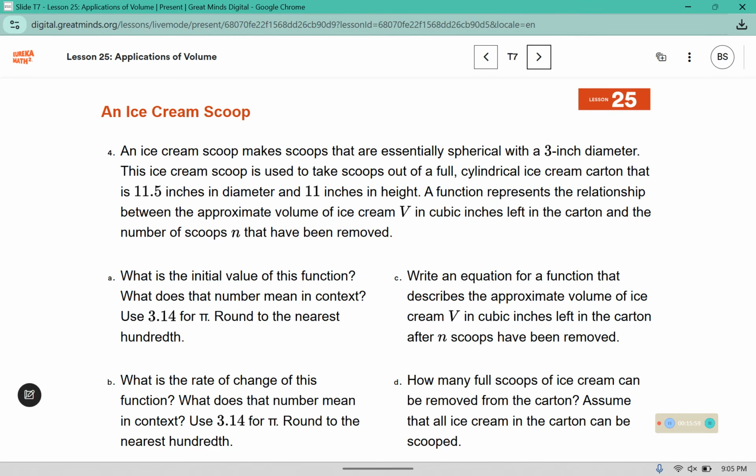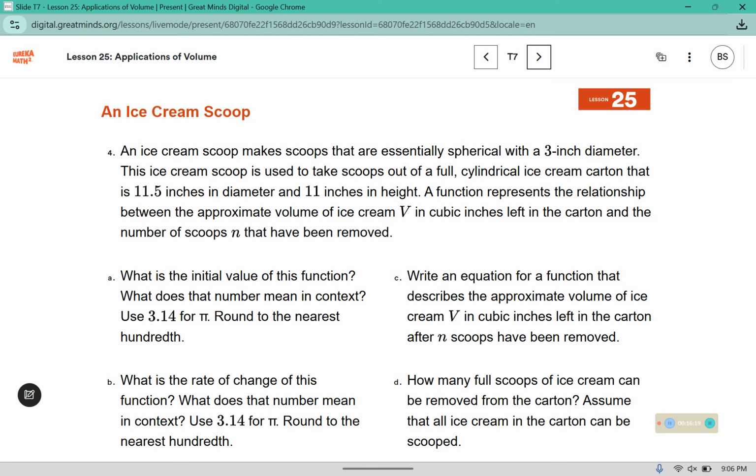4. An ice cream scoop makes scoops that are essentially spherical with a 3-inch diameter. This ice cream scoop is used to take scoops out of a full cylindrical ice cream carton that is 11.5 inches in diameter and 11 inches in height.